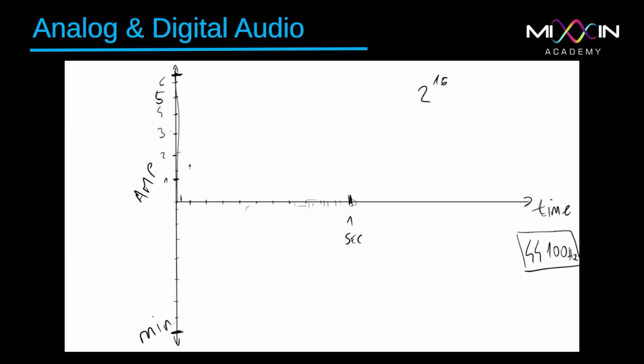So from minimum to maximum, we have 2 to the power of 16. That is 65,536. Yeah, that is how many values we would have right there. So really a lot of these dots.